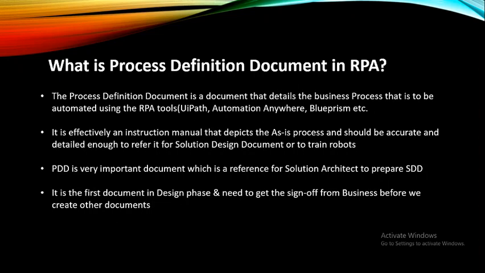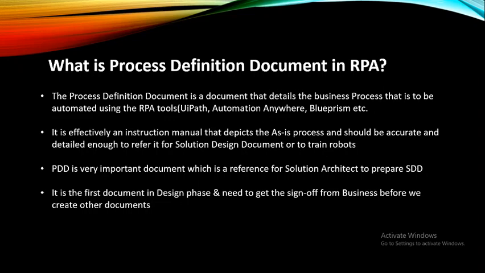So it is effectively an instruction manual that depicts the as-is process and should be accurate and detailed enough to refer to for the solution design document or to train robots. These documents will be reference documents for the developer or solution architect.